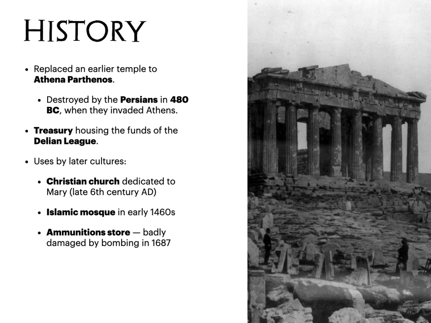But when it was bombed in 1687, obviously those ammunitions exploded and it was badly damaged. And finally, a British man, Lord Elgin, removed many of the sculptures in 1800 and he sold them to the British Museum, where most of them still are today. And so this is part of a big controversy around the Parthenon. So the building that we study today is quite different to what it would have originally looked like at the time period.